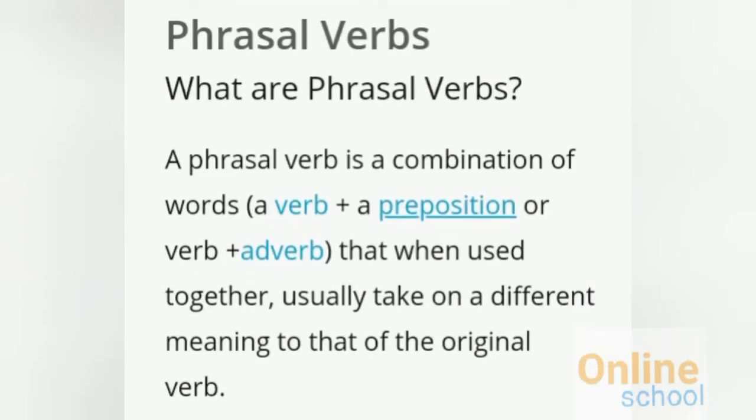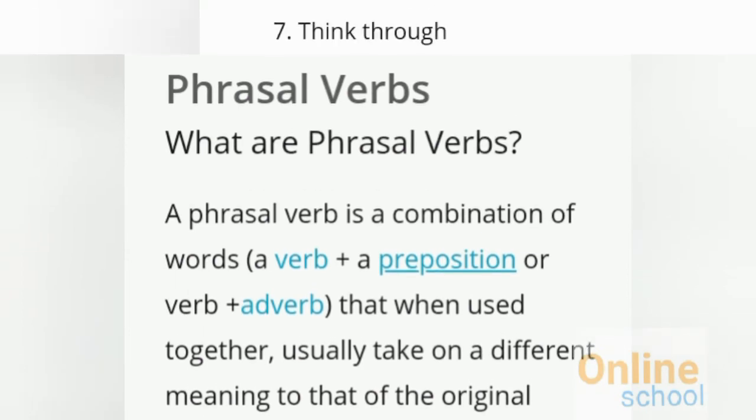Now, phrasal verb. What are phrasal verbs? A phrasal verb is a combination of words, that is, a verb and a preposition, or a verb and an adverb, that when used together usually take on a different meaning to that of the original verb.